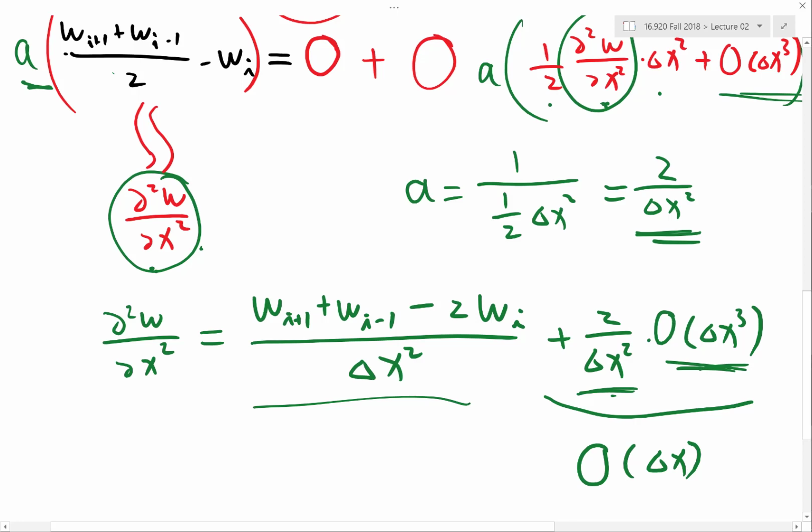When we have an approximation whose error goes to 0 as delta x goes to 0, it's a good approximation, or in official terms, a consistent approximation. So now we have derived our first finite difference scheme, and we can use this to solve our partial differential equation. We'll continue on Wednesday.